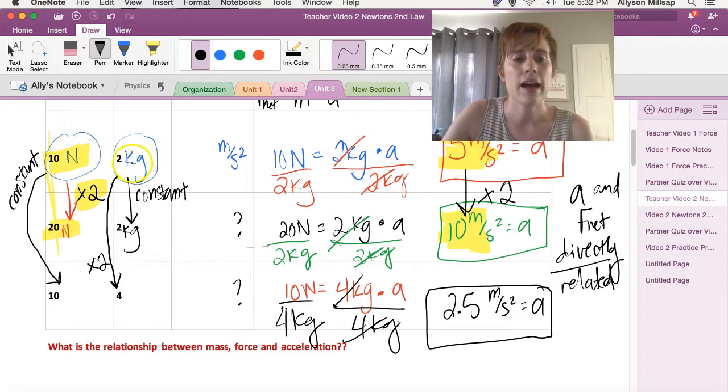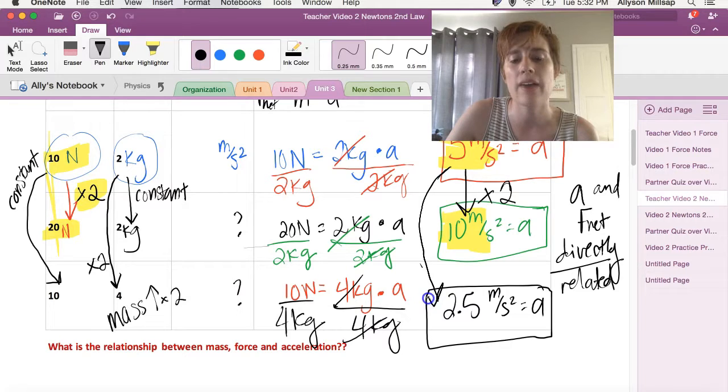Well, I had a mass of 2. I doubled it to a mass of 4. When mass increased by a factor of 2, what happened to my acceleration here? I had an acceleration of 5. Now I have an acceleration of 2.5. My acceleration decreased by a factor of 2. It got divided by 2.